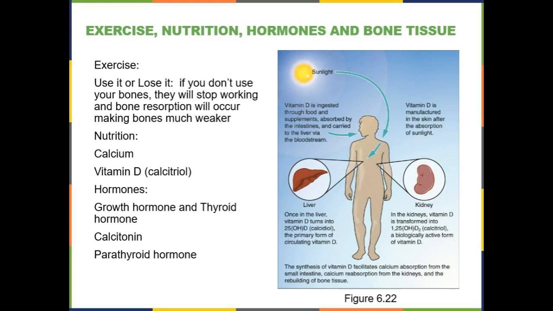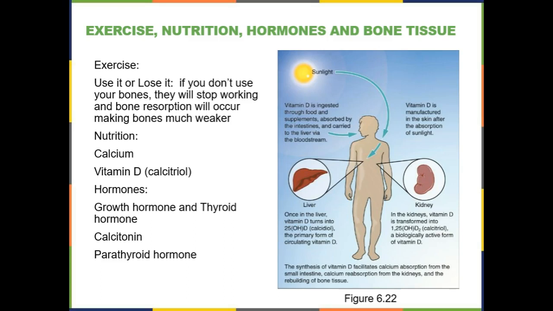Nutrition-wise, there are a lot of different nutrients that play a role in bone formation, but the two major nutrients are calcium and vitamin D. Calcium is a nutrient that we take in; we don't produce our own calcium. Vitamin D, though, we can produce.